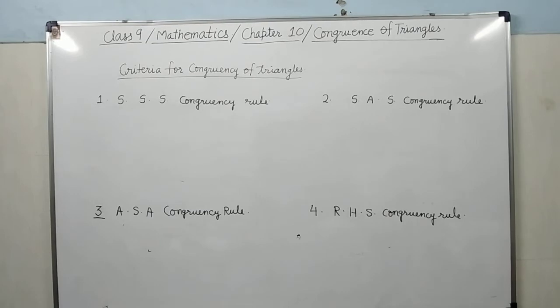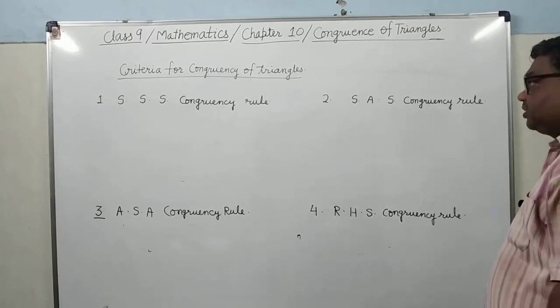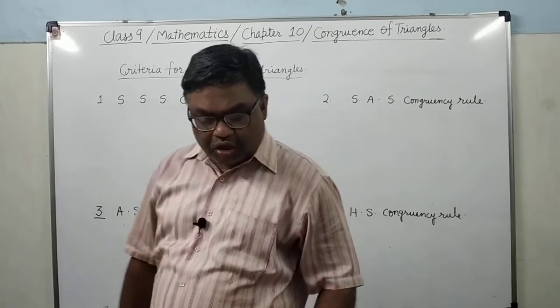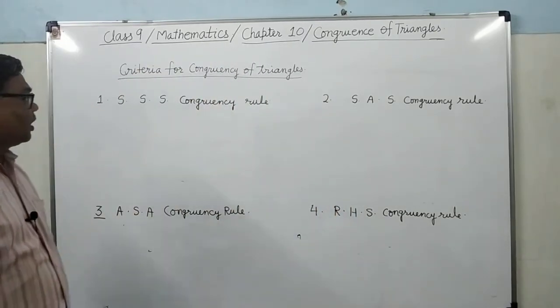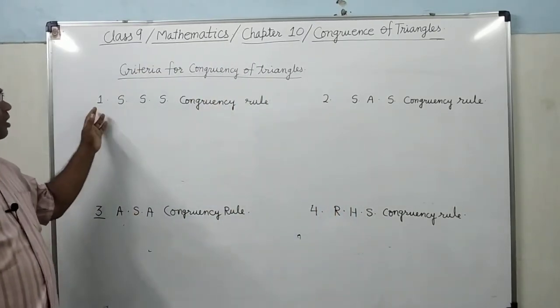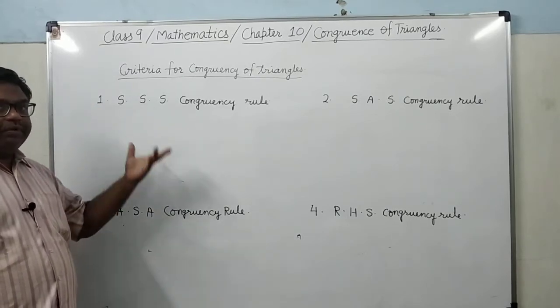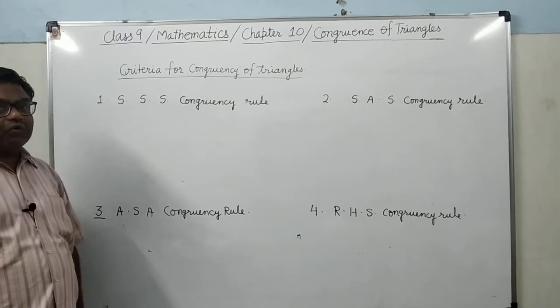So there are four ways of proving the congruency between two triangles. We can say that there are four criteria by which we can prove congruency between two triangles. One is the SSS congruency rule. What is the meaning of the SSS congruency rule?